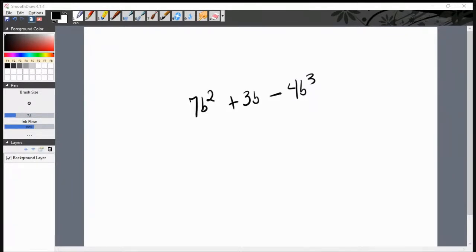They don't have the same exponent. So since they don't have the same exponent, they're not like terms. There are no like terms here. So there's nothing for us to combine. If they don't have the same exponent and the same variable, then they can't be combined as like terms.